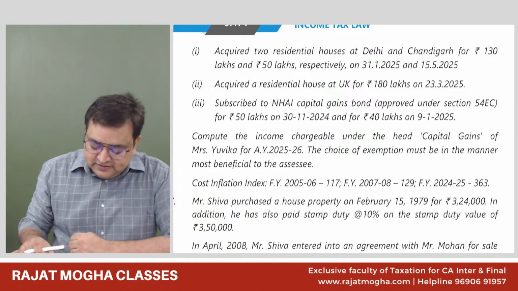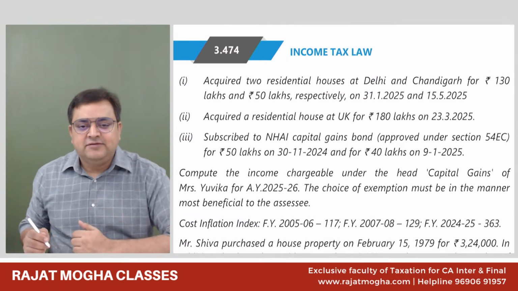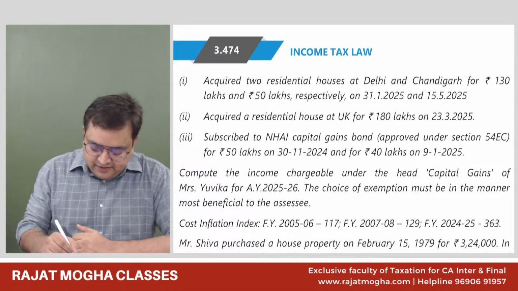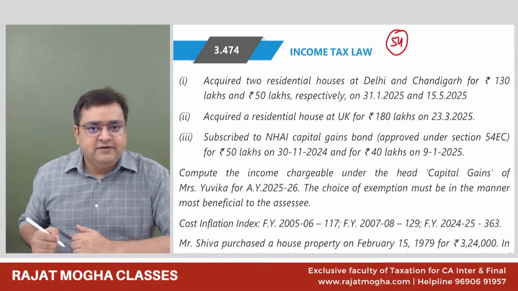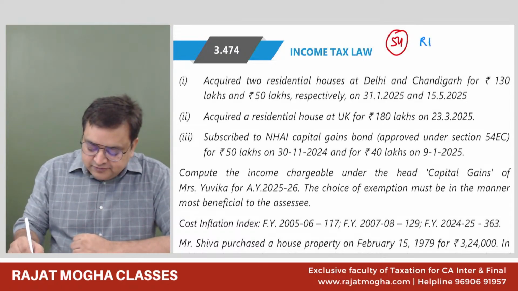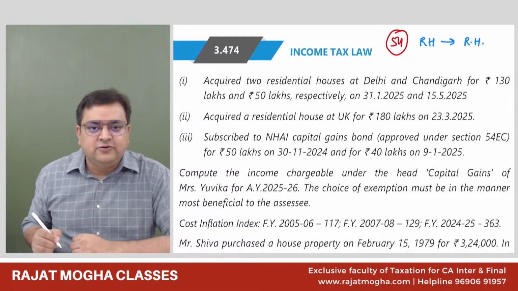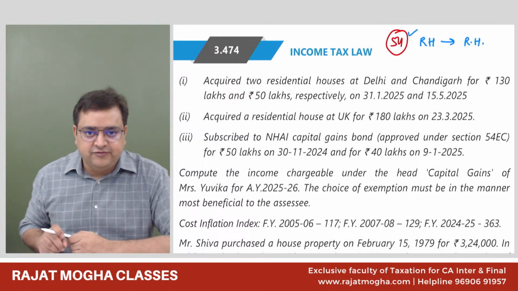So which exemption in the 54 family can we give her? Section 54. Very good. Section 54 is available to an individual or HUF. She is an individual. If you transfer your residential house property and purchase or construct a residential house, you are eligible for section 54.